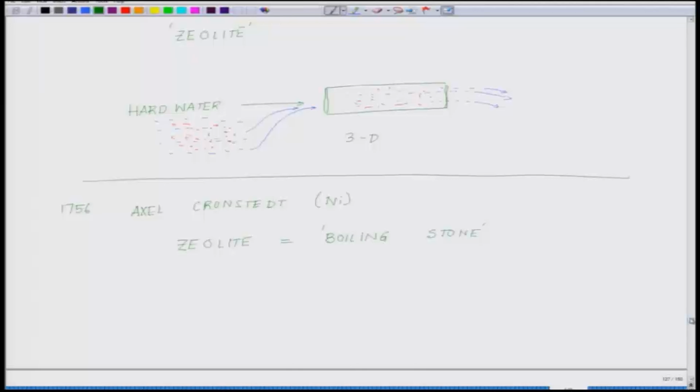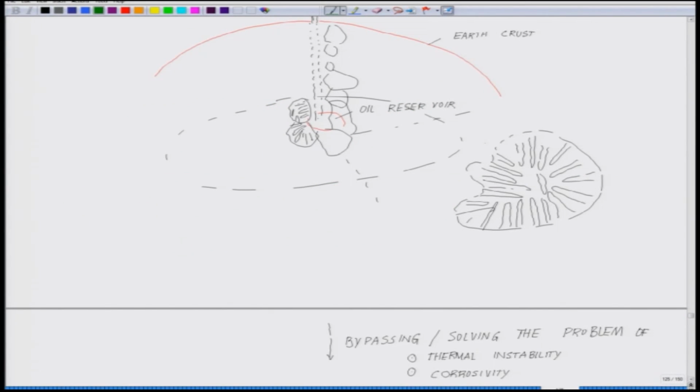Having said this, I bring your attention to the picture I drew out here. You see this rock, you remember? And I told you that it has a lot of such cavities. Of course, I told you those cavities are filled with oil in the oil field, but there could be such material which could be filled with water also.